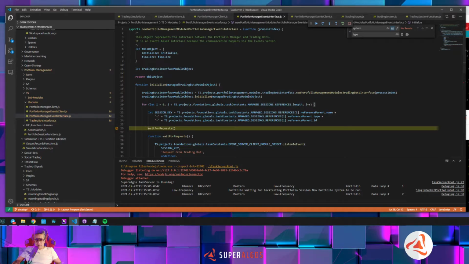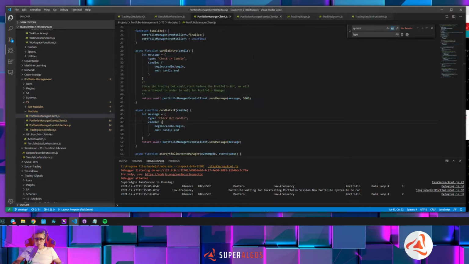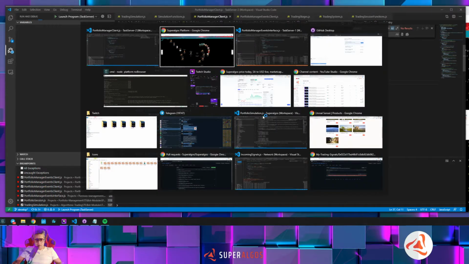This shouldn't be running, so I'm going to run this again, because I ran another portfolio. Okay, I'm a little bit distracted now.